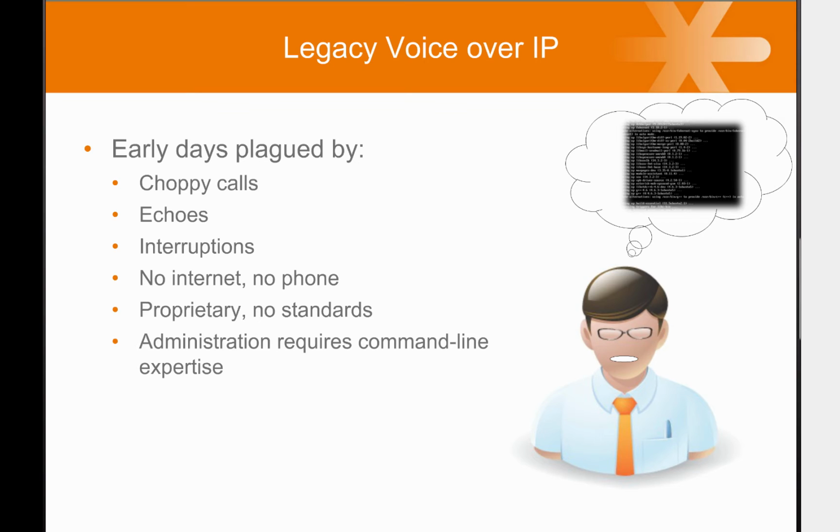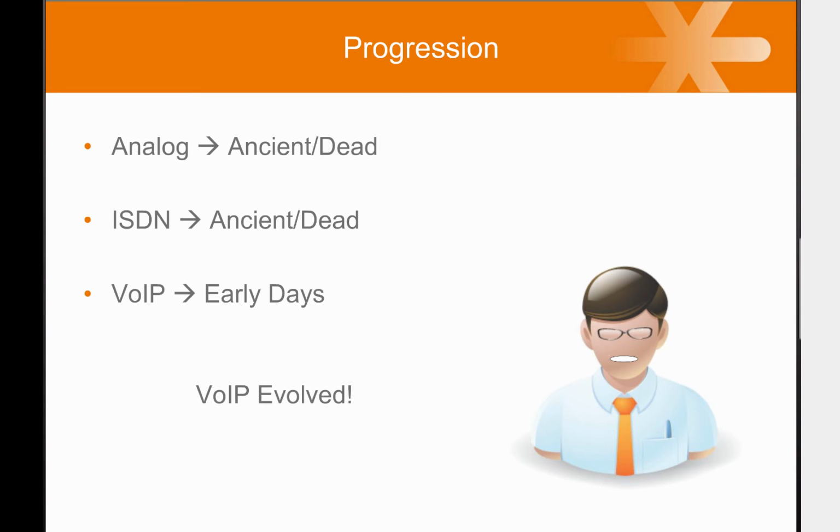There were no standards in voice over IP, and as those were the early days, you needed to be pretty smart in the command line. When you had an Asterisk box of those days, normally you crawled through the console to make any changes. So it was again not that easy. But there was already some progression, as you can see.